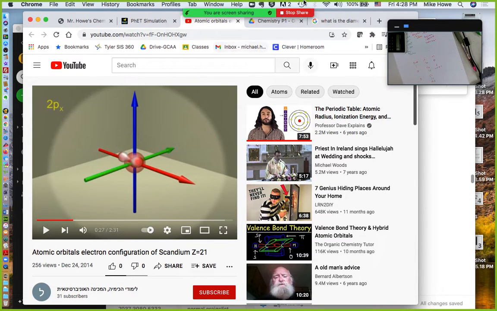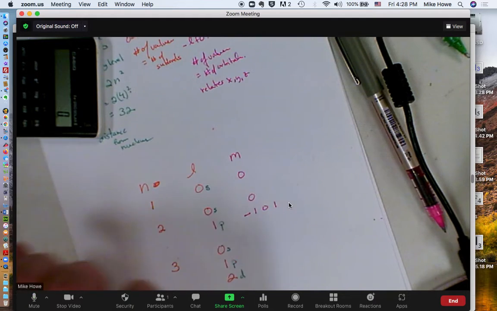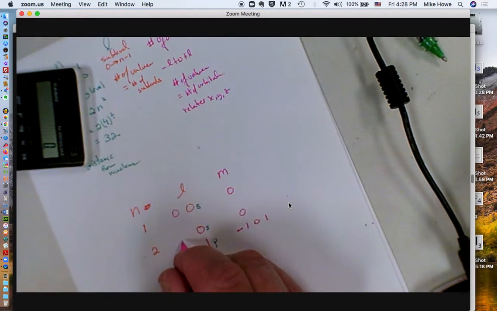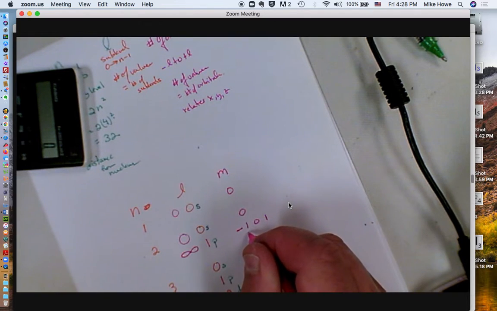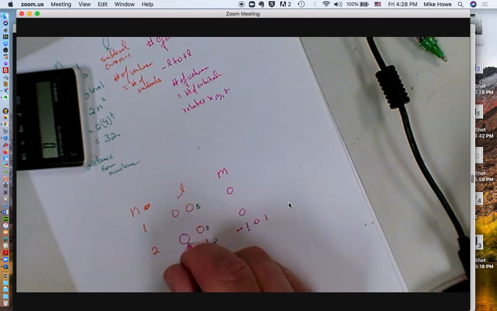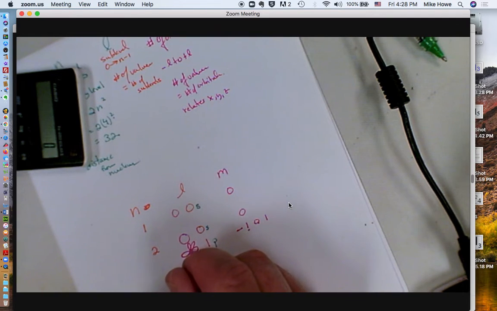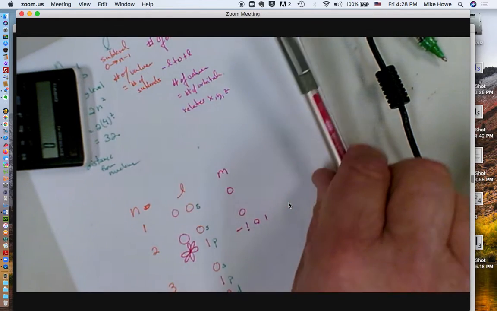So let's remind ourselves what we're talking about. The S sublevel was this little spherical shape, then the bigger spherical shape. Now we're looking at the P's, and there will be a P on the x-axis, and that's this value, a P on the y-axis, and that's this one, and a P on the z-axis, and that's that one.